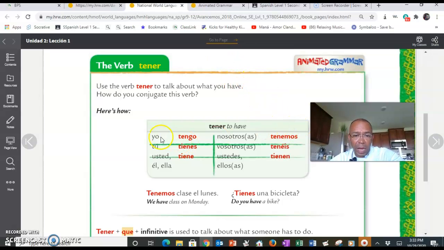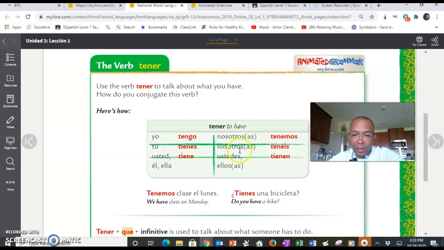In order to say I have, you say yo tengo. You have says tú tienes. Usted tiene is you using the formal form of you, usted. Él tiene means he has. Ella tiene. She has. Nosotros tenemos. We have.